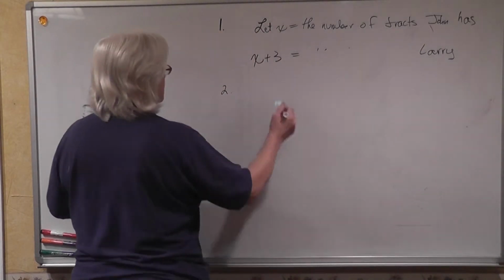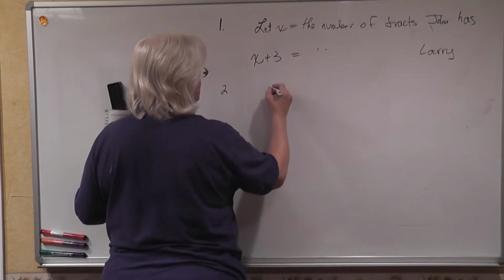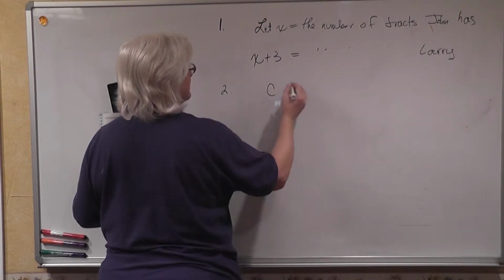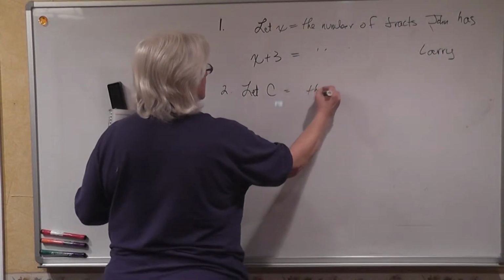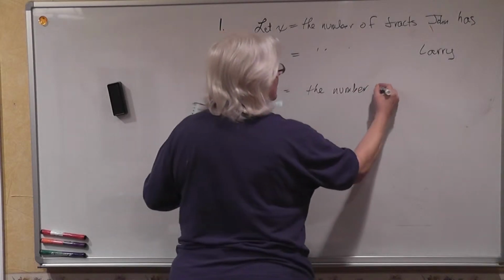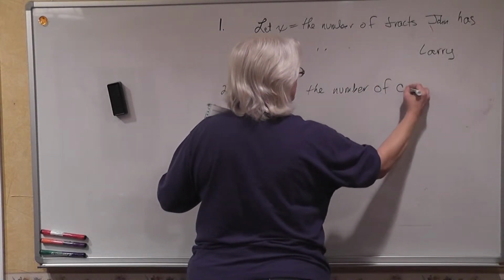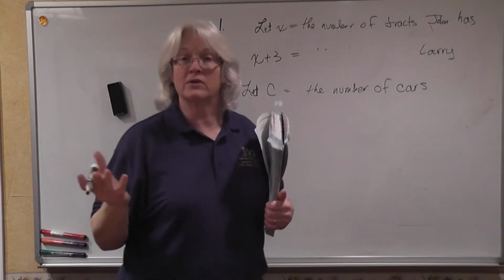Okay, so we're going to have the smaller number, and here they used C, so let me go ahead and use C. We're going to say let C be the number of cars. They picked C because C stands for cars.